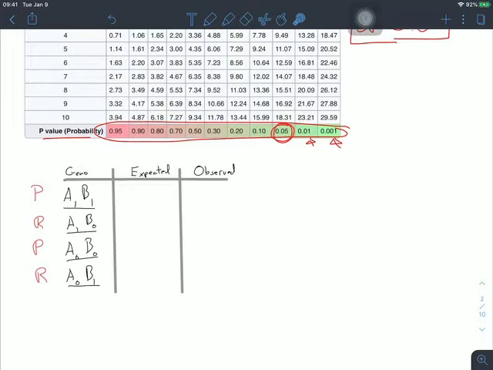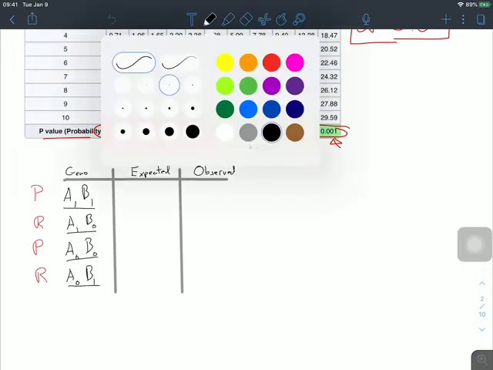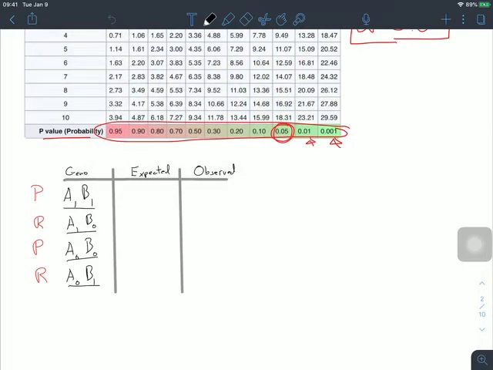With our null expectation being that they are not linked. And the reason why you have to go with not linked is because that gives you that null expectation of an equal distribution of your parental and recombinant haplotypes, where you're looking at a centimorgan distance of 50 centimorgans.